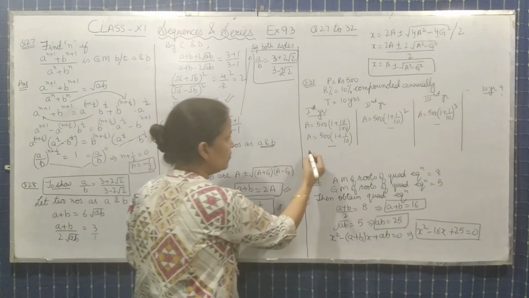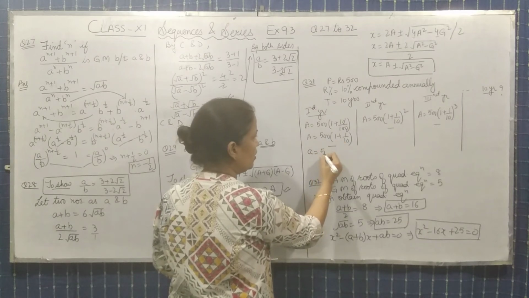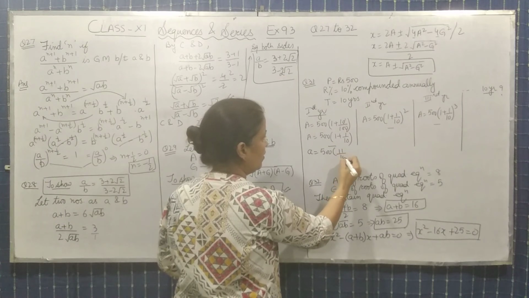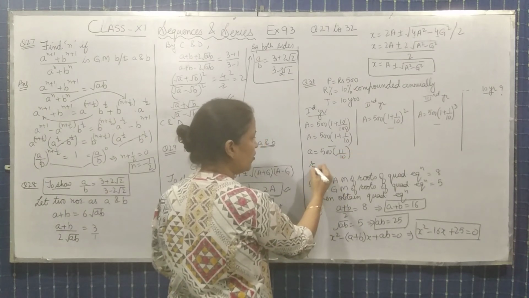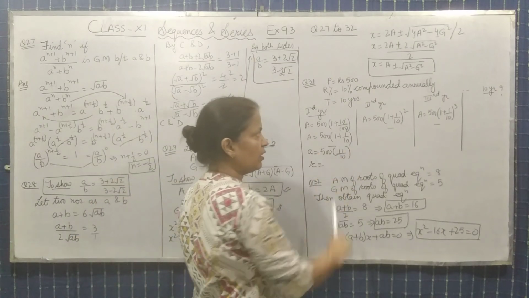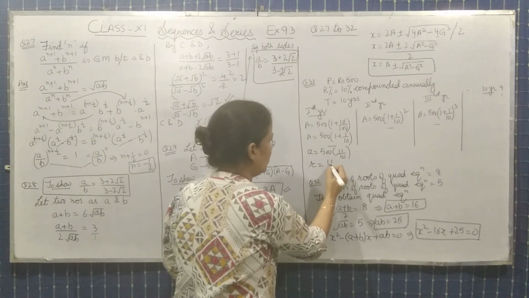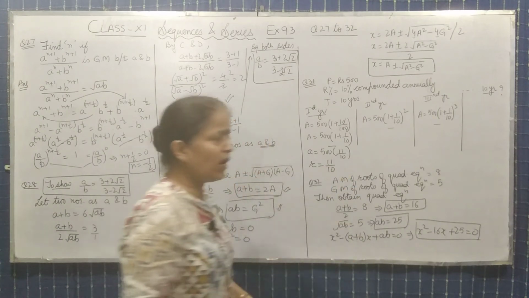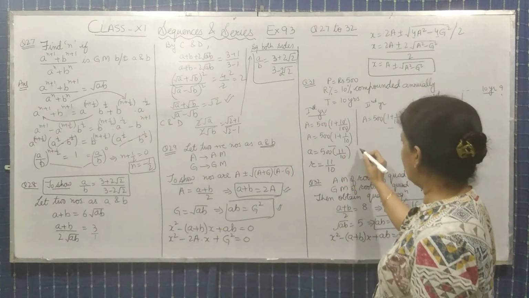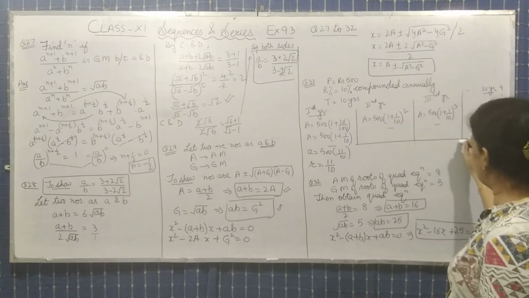So here a is the first term, that is 500. Solve it, 11 by 10. What about the common ratio? Common ratio is this divided by this. So what will we get as common ratio? Only 11 by 10. And what do we have to find out in the question? A10. So how will you find A10?